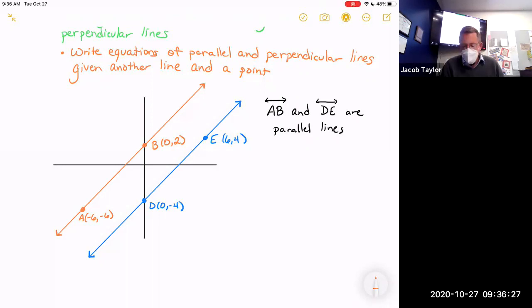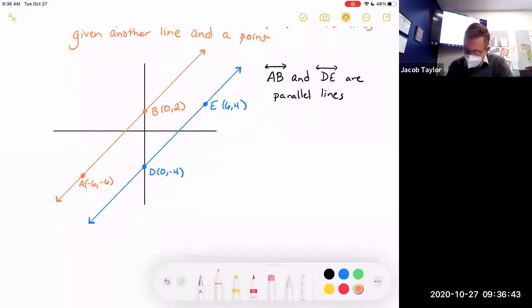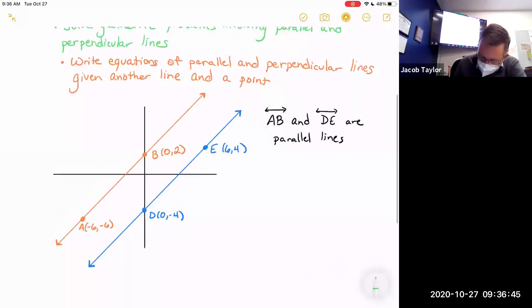In fact, if I were to zoom out and make this graph really enormous, no matter how long I chose to make these lines, they would never intersect. That's what parallel means. So the important thing to know about parallel lines is related to their slopes. So we're going to use our old pal, the slope formula, which I will refresh your memory on up here.